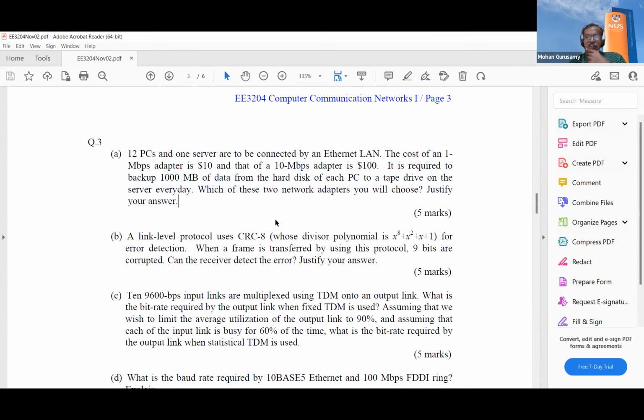I think you asked this in the email also, if I remember correctly, right? You see how long it will take to do the backup. So it says there are 12 PCs, one server connected to an Ethernet LAN. If nothing is specified, you can assume that it is a broadcast LAN.